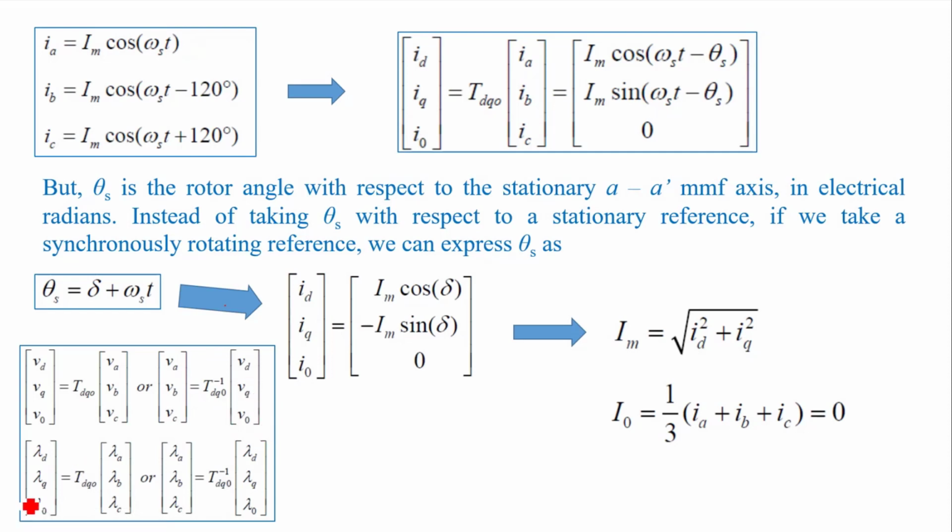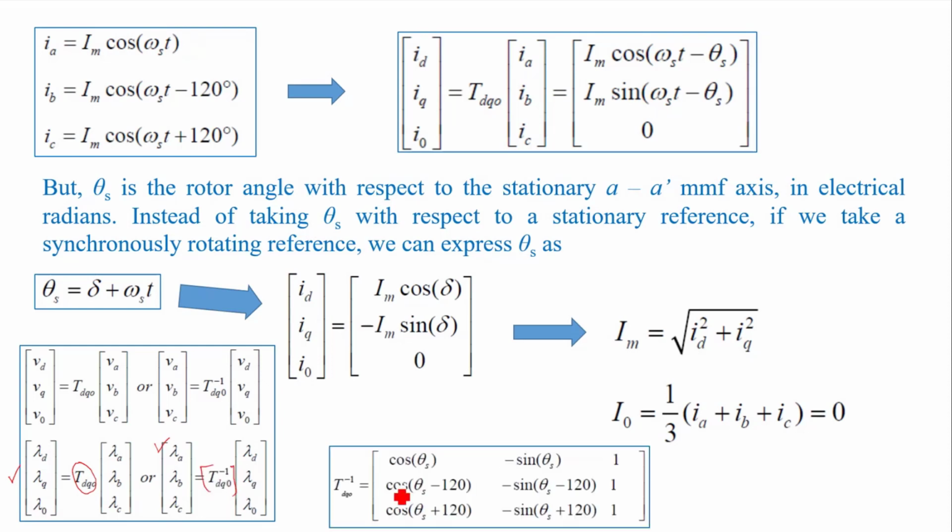Similarly, I can transform the flux linkage equation: lambda D, lambda Q, lambda O will be equal to the transformation matrix TDQO times lambda A, lambda B, lambda C. Or lambda A, lambda B, lambda C, the flux linkages in the three-phase system, will be equal to TDQO inverse times lambda D, lambda Q, lambda O.